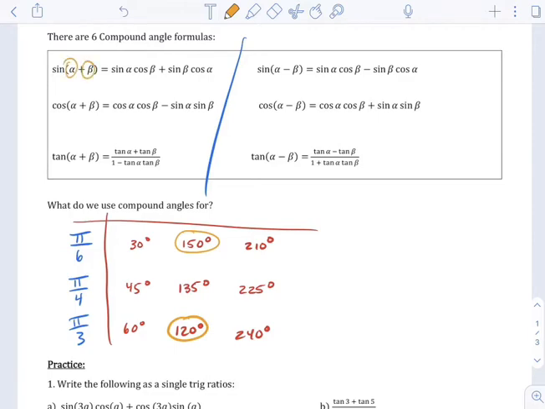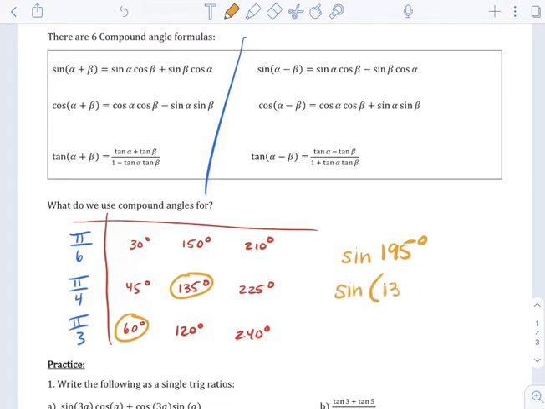So what we're going to do is we're going to end up getting some angles. I might say, I want to know what's the exact value of sine 195. And you're going to have to think, which angles could I add together which would give me 195? You might say, well, I see this one here and I see this one here. They add together for 195. So I'm going to change this into sine of 135 plus 60 degrees.